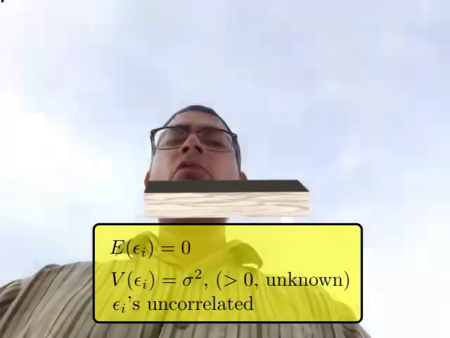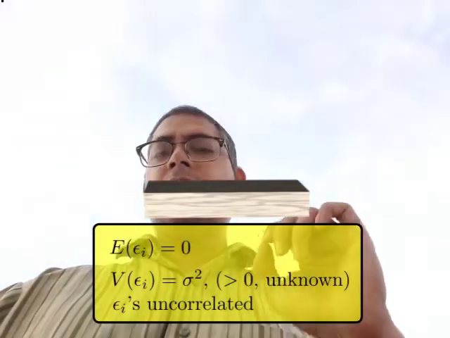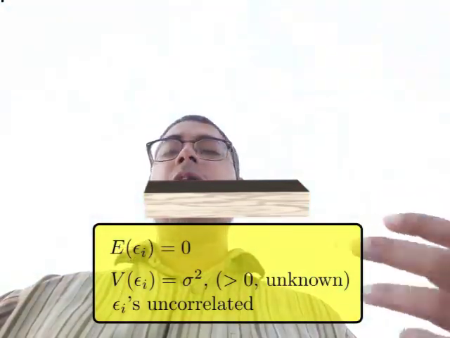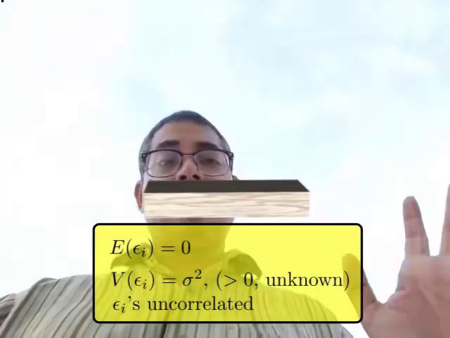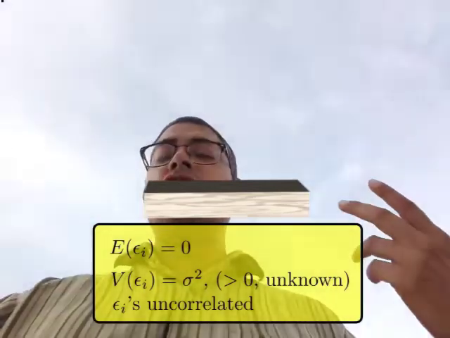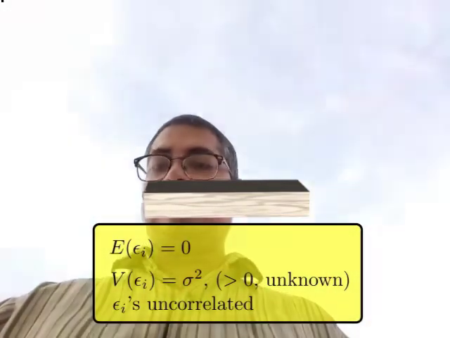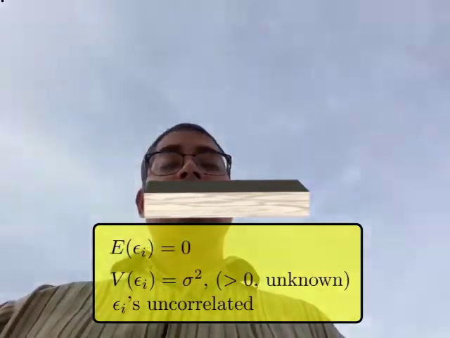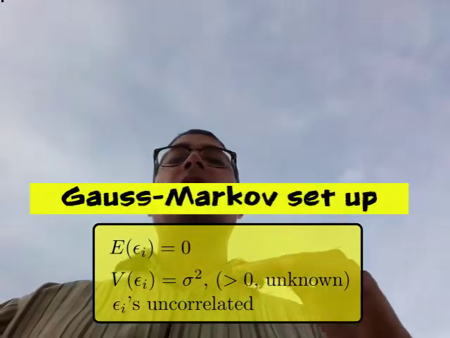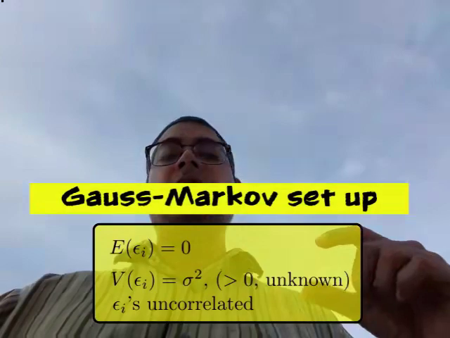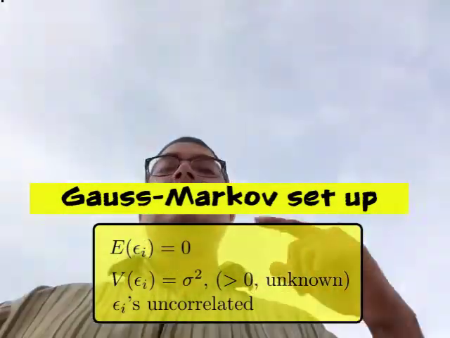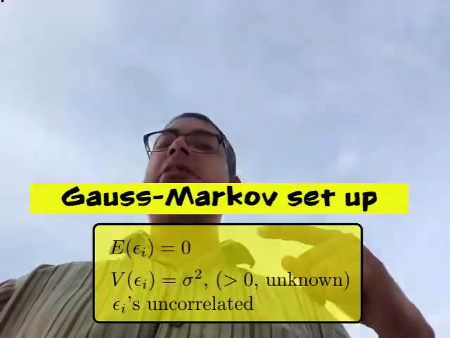And these are the simplest set of conditions that we can think of to make any such measurement scenario meaningful. There are situations where it will be violated, like using various instruments of multiple precision, etc. But this will be our starting point, and these are called the Gauss-Markov setup. So whenever we say we have a linear model in the Gauss-Markov setup, we mean that the epsilon satisfies this condition.